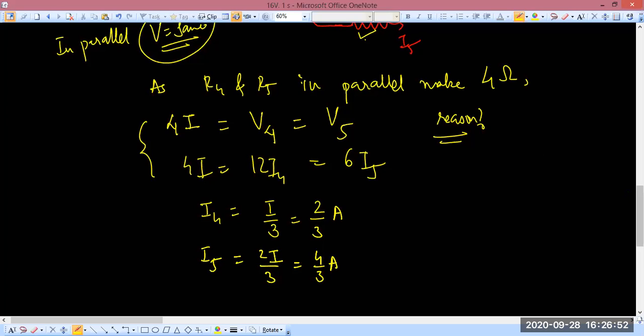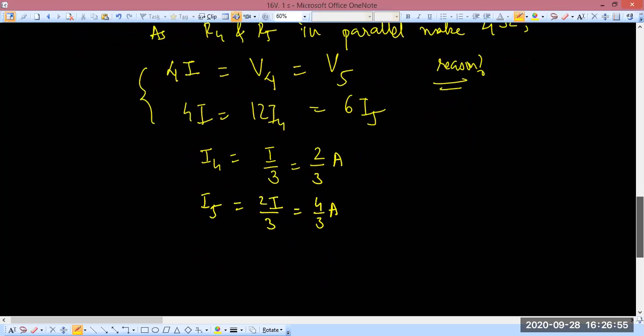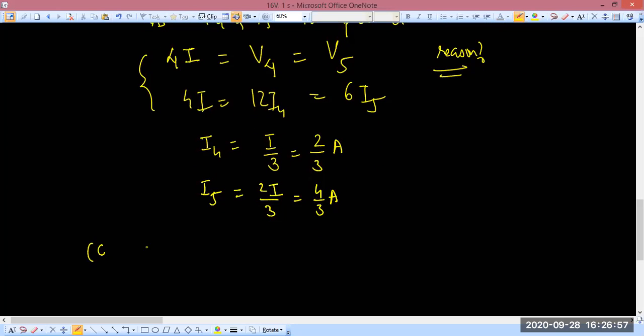Along with this, the advantage of this method is that we can also find V4 and V5 easily, right? That is part C of the question, isn't it? We have already found V4 and V5, right?